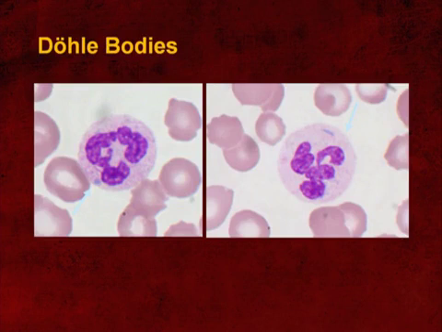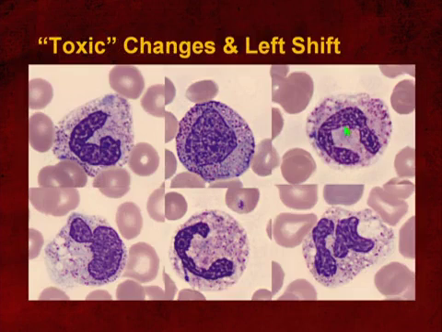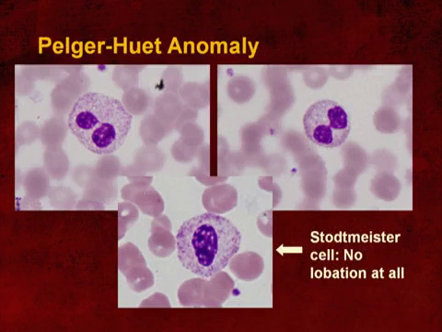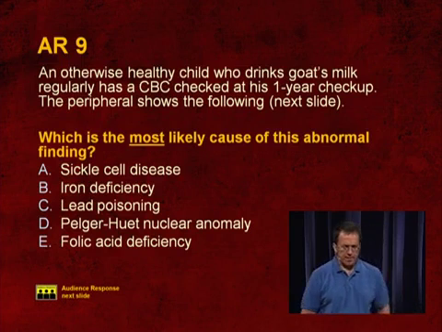Can you see my light blue arrows? I'll switch and get a darker arrow, but that's a Dohle body. Toxic changes in left shift, that just means you're throwing bands out or other early myeloid forms. Really bad infection. Pelger-Huet anomaly and a Stodtmeister cell. Boring. Okay.